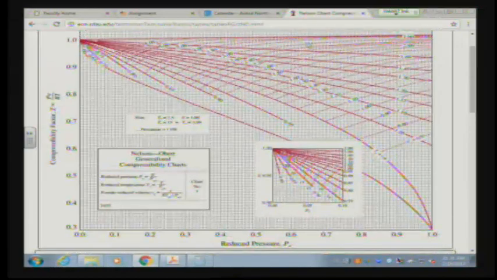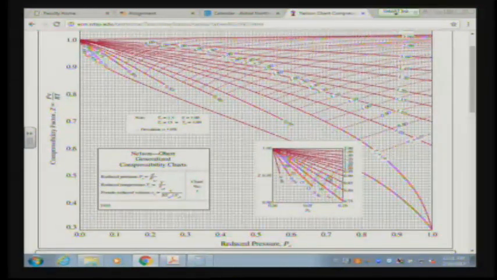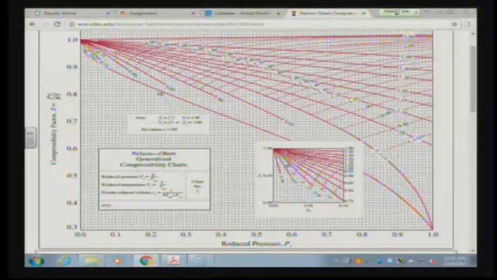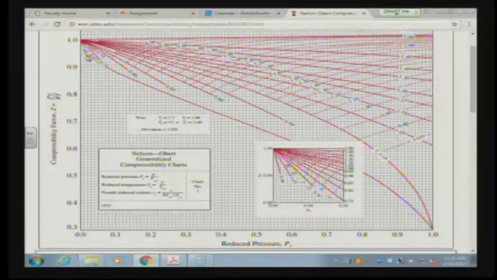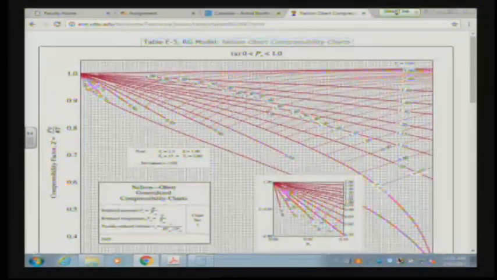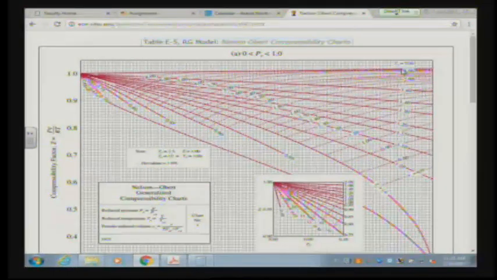Each one of the lines, this is referred to as a hurricane graph, corresponds to a different value of reduced temperature. Now the solid lines, which range from 0.6 up to 5, represent reduced temperature.